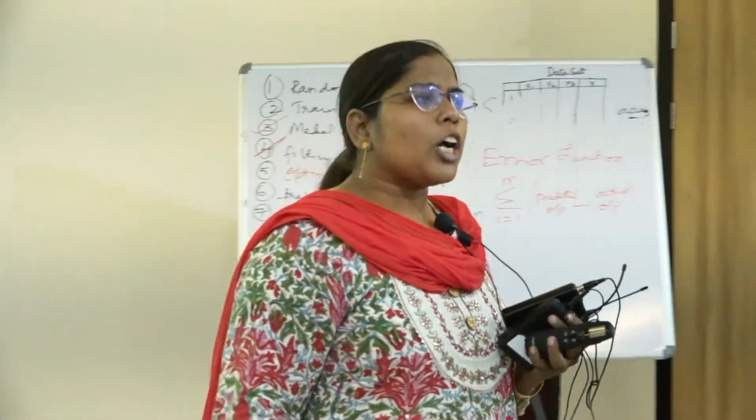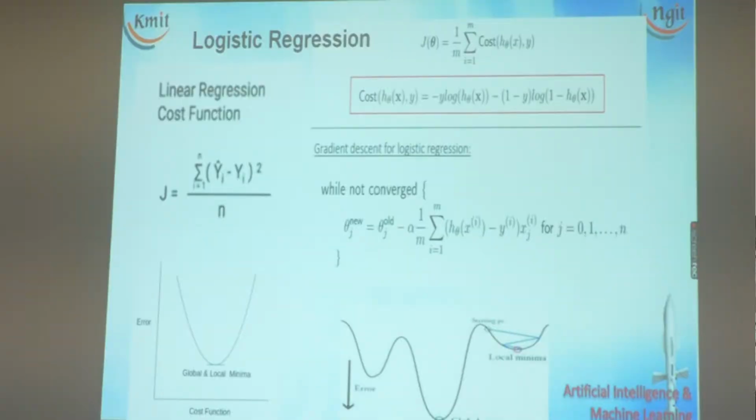What is cost function? Cost function is equal to 1 by m summation of i is equal to 1 to m of cost of h of x comma y. Y is our actual value and h theta of x is our predicted value. So actual minus predicted gives your error, and we are indirectly averaging them.